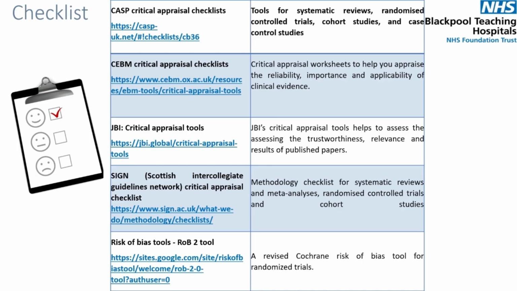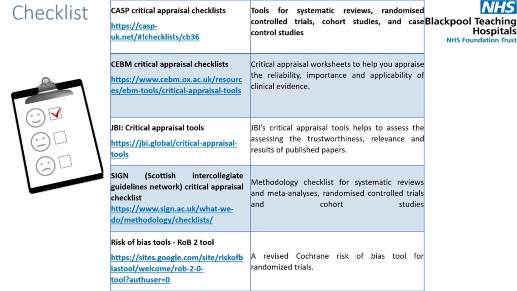There are several widely used tools to help systematically appraise research. CASP checklists are tailored to different study designs and provide straightforward questions to guide your appraisal process. CEBM tools offer a range of critical appraisal worksheets and resources for more advanced appraisal. The JBI checklist is comprehensive and suitable for a wide variety of quantitative and qualitative research.